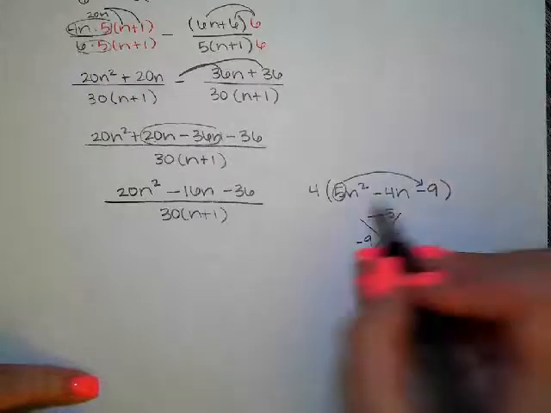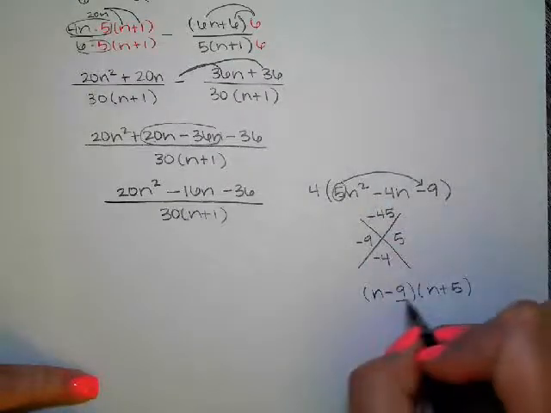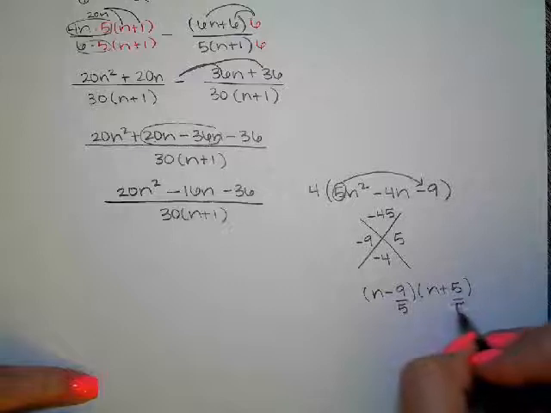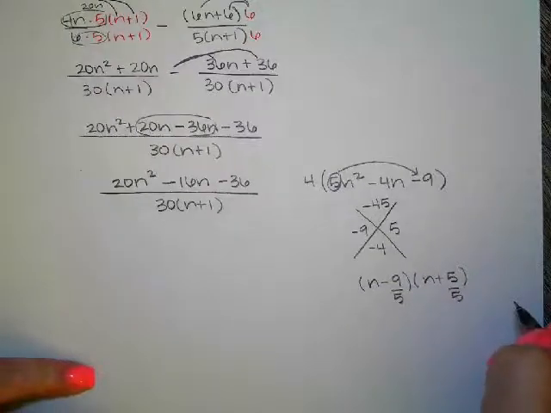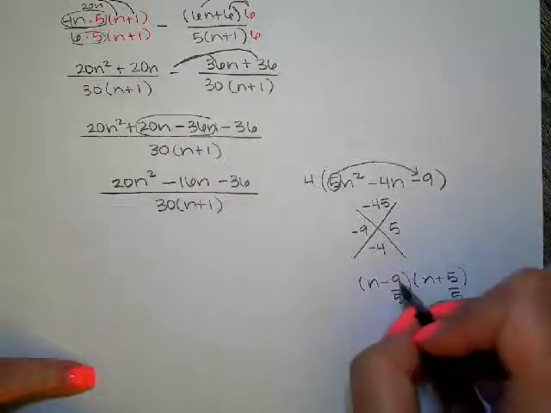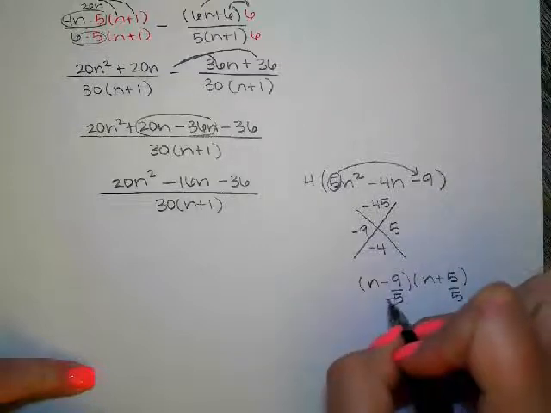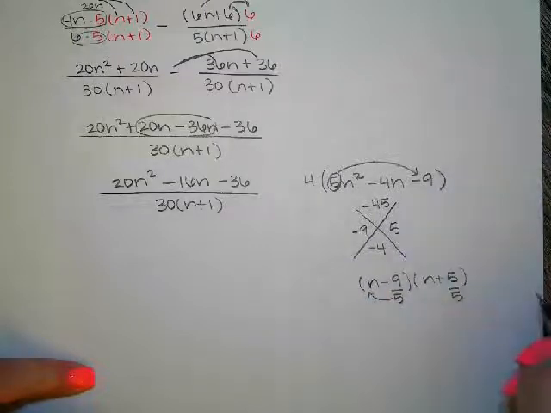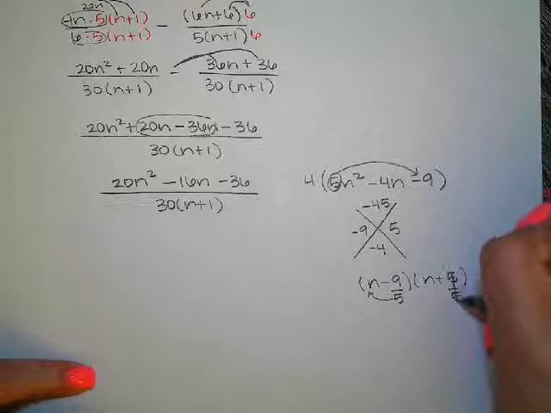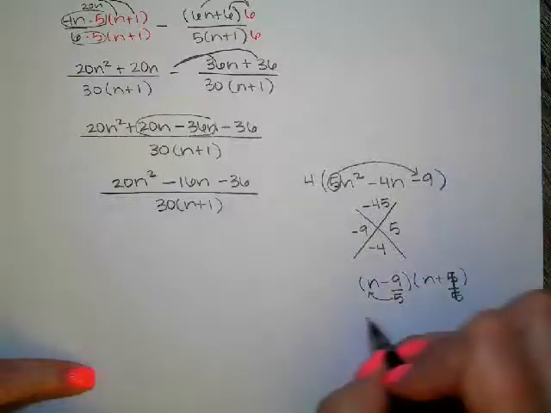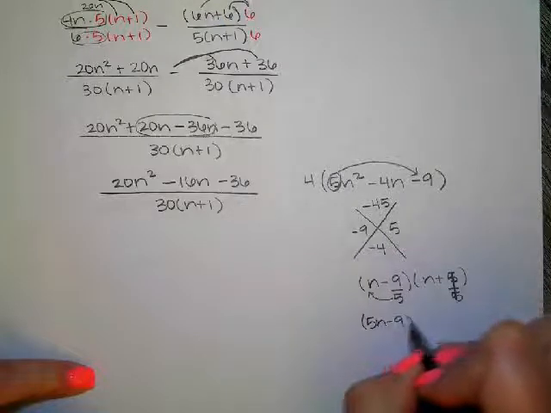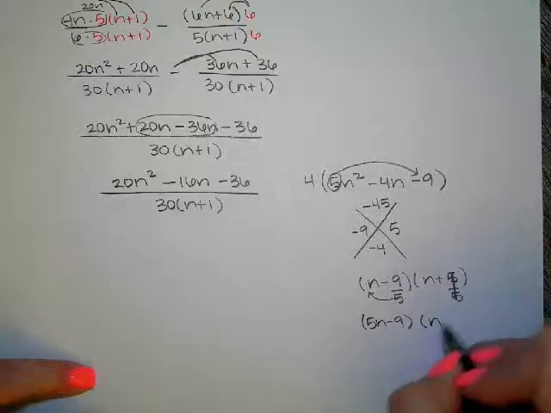Now the number that we slid was a 5, so we're going to divide by 5. 9 over 5 does not simplify, so that one's going to bottoms up. 5 over 5 does simplify, that's a 1. So this factor is 5n minus 9. That factor is an n plus 1.